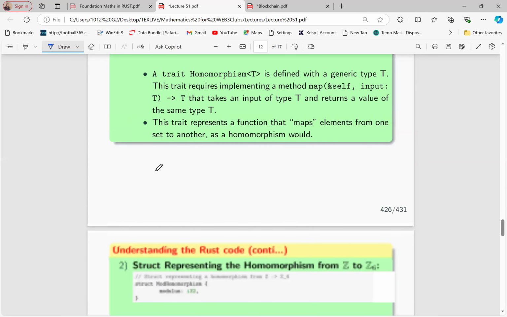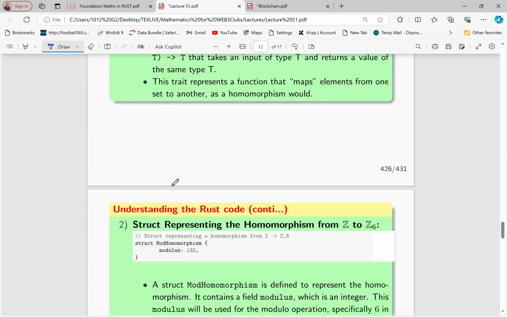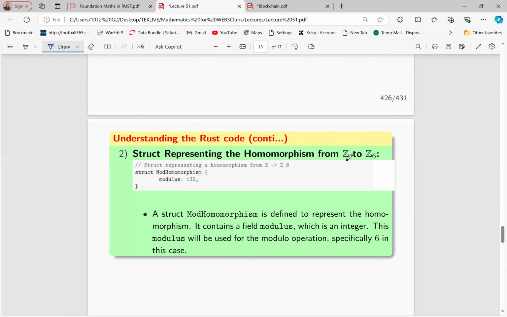Then we have this other part, struct homomorphism from Z to Z6. Now, what is the role of this? It's used for modulus operation, and in this case we are doing it mod 6.